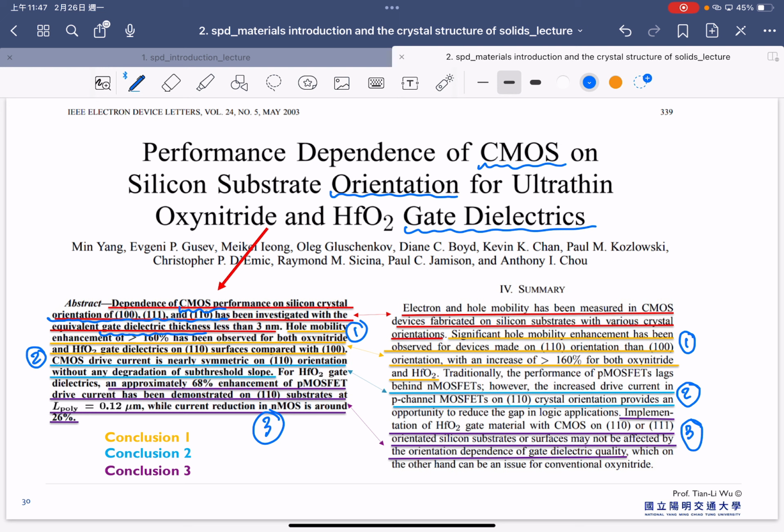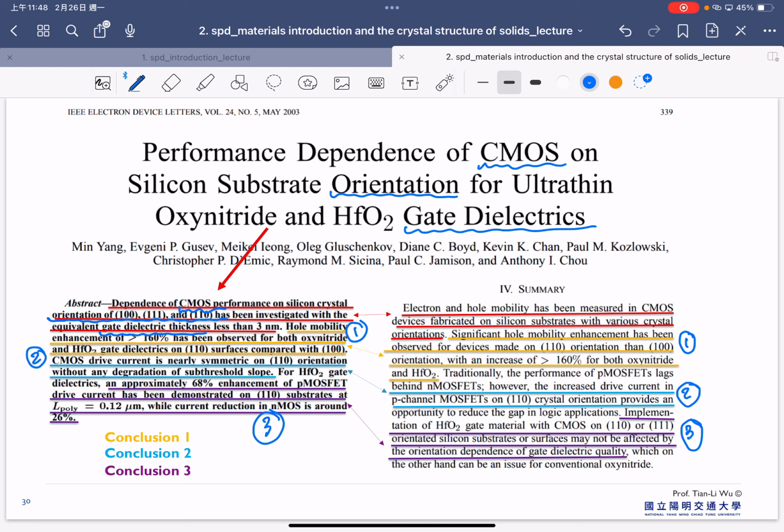So far, if you look at this paper, we don't look at any figure, we don't look at any discussion. We can already understand what their purpose is. The purpose of this paper is that he tried to fabricate a CMOS. CMOS is considered as NMOS plus PMOS in the substrate with a different orientation.